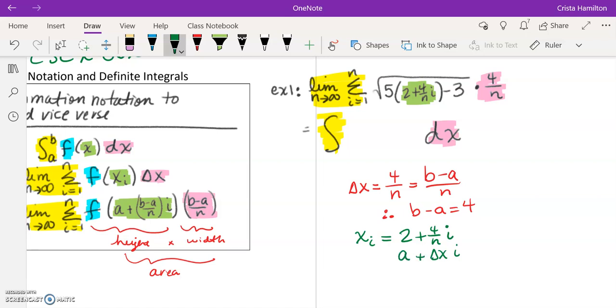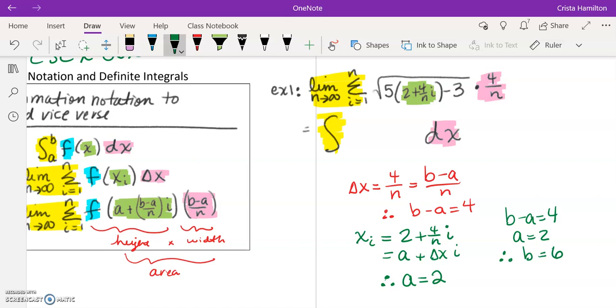And so immediately what you're getting out of the identification of the right endpoint is I'm going to conclude that a is equal to 2 in this problem. And once I have a is 2, it's the combination of b minus a equals 4 and a equals 2 that's going to allow you to conclude that b must be 6 in this problem.